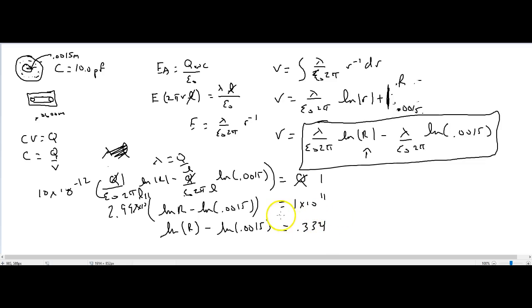Ln of 0.0015 is, so I'm going to get my pen, ln of R plus 6.50 equals 0.334.